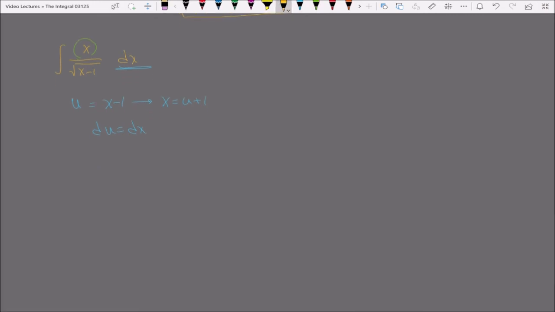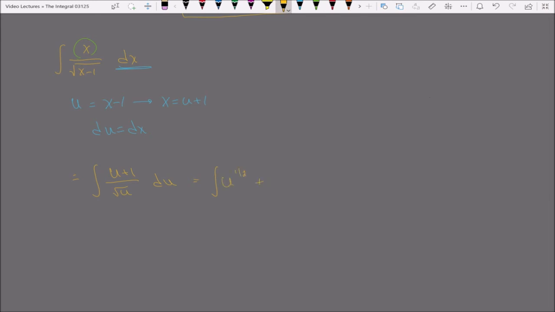This then becomes the antiderivative of u plus 1 over square root of u. We can now take each term of the numerator and divide it by the denominator, since the denominator is a monomial. So we have u over root u, which is square root of u. And I'm actually going to write that as a power instead. So u to the 1/2.